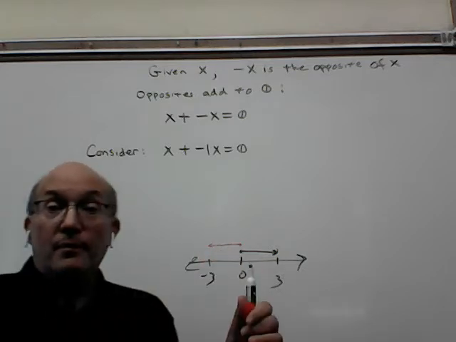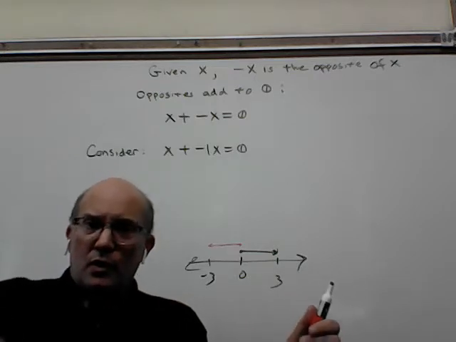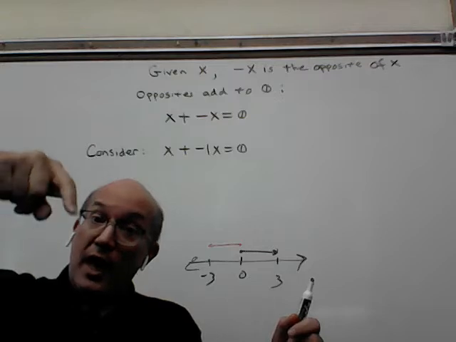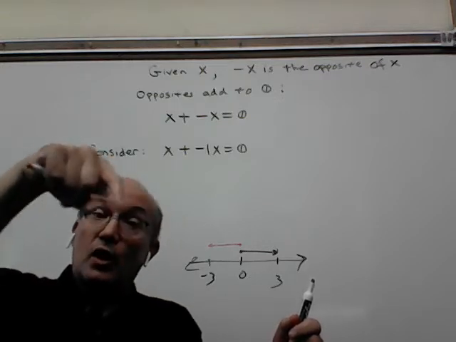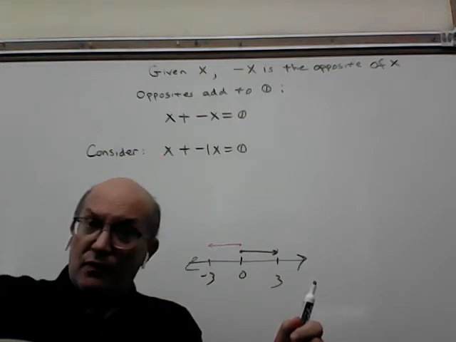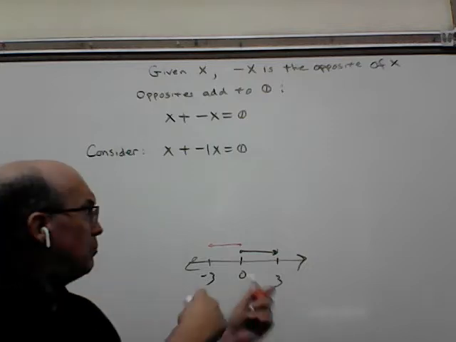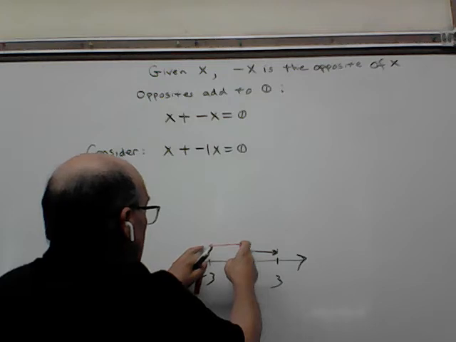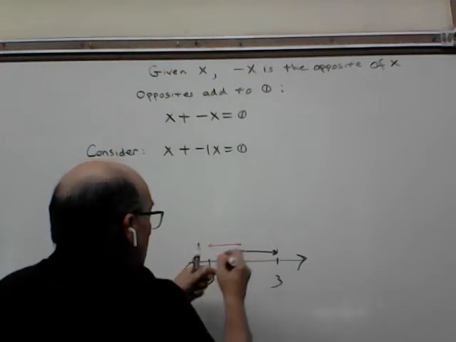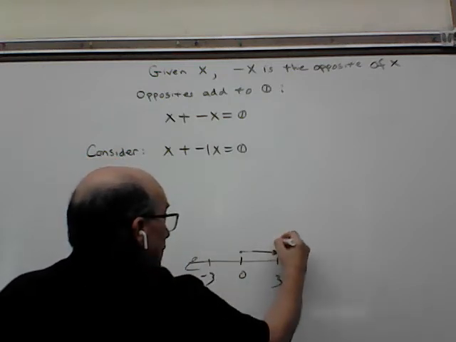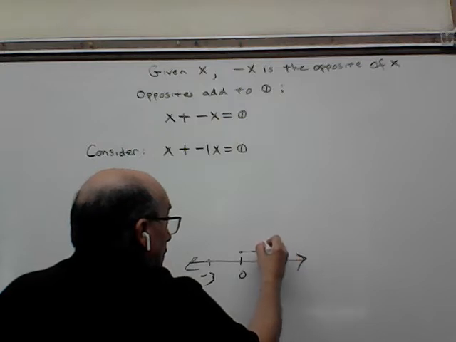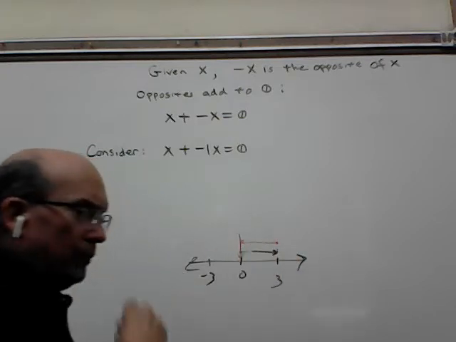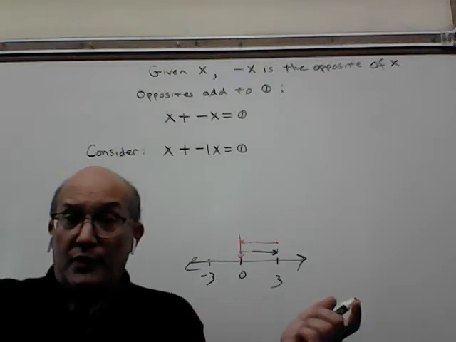And when we add numbers, we add their vectors, and you add a vector by putting beginning point on top of end point. The beginning point is the point, and the end point is the arrow, right? So you take this negative 3 and move it so that it begins here at 3, comes back 3 units, and there you are at 0.